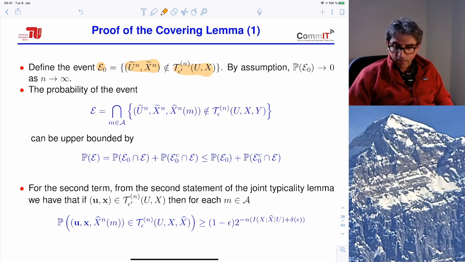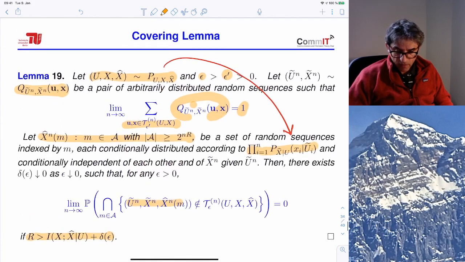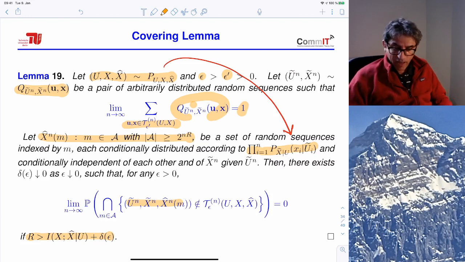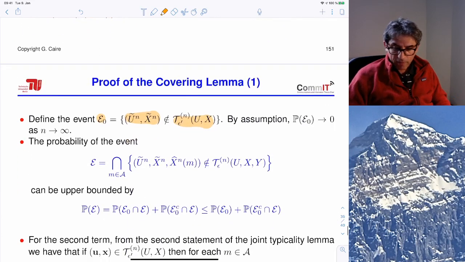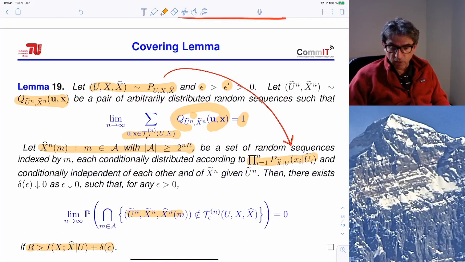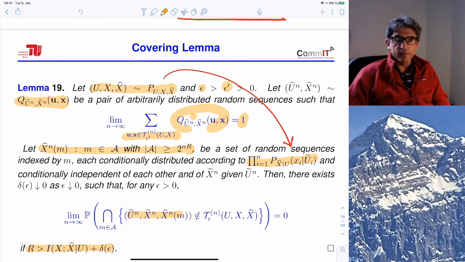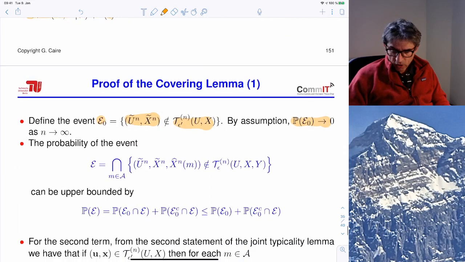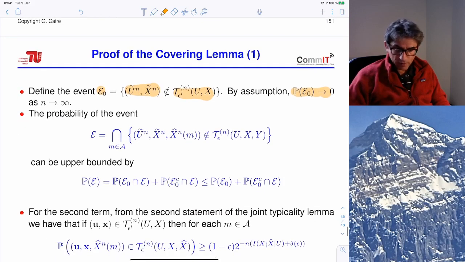And by assumption, because this probability mass function Q puts asymptotically all the mass on the epsilon prime typical set, the probability that the two randomly generated sequences are not in that set goes to 0, because otherwise, if it was not 0, then this limit would not be true. The limit of the probability with respect to Q of the epsilon prime typical set would not be 1. So the probability of this event E0 goes to 0 as n goes to infinity, directly from the assumption.